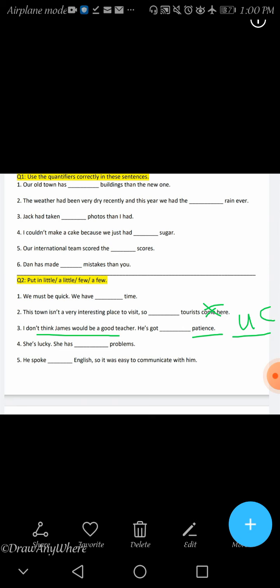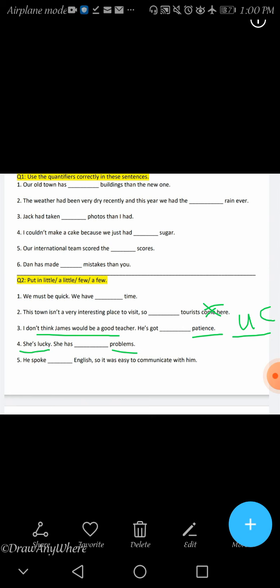Be careful. Yes, for she's lucky she has few problems. She's lucky هي محظوظة ما عندها مشاكل كافية. Okay?